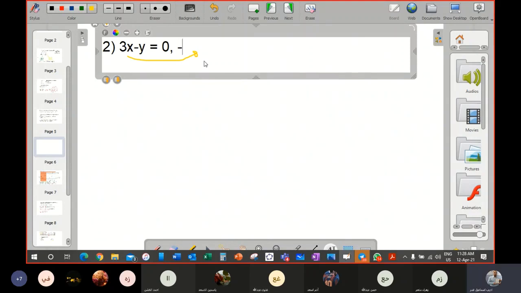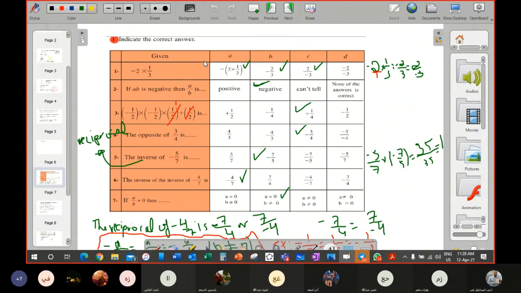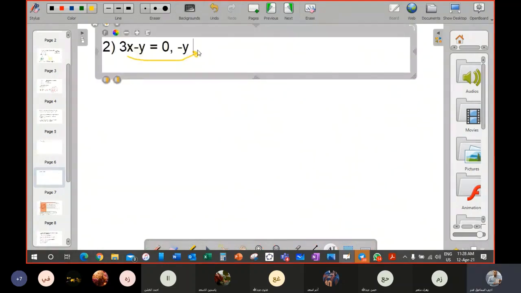So we get minus y equals 3x. To the other side, it is minus 3x. Then we multiply the equation by minus, and we get y equals 3x. Okay, continue Zahra. The slope here.